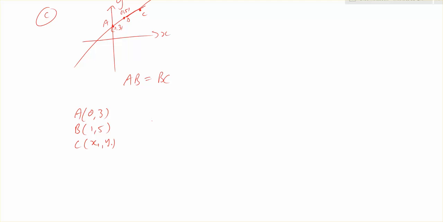We know that B is the midpoint, and we know the midpoint formula is such that M is the average of the x values, so x1 plus 0 divided by 2 for the x coordinates, and for the y coordinates, and that equals (1, 5), because we already know what the midpoint is. We just don't know what the point C is. For the y coordinate, the average of the y coordinates, so 3 plus y1 on 2 equals 5.